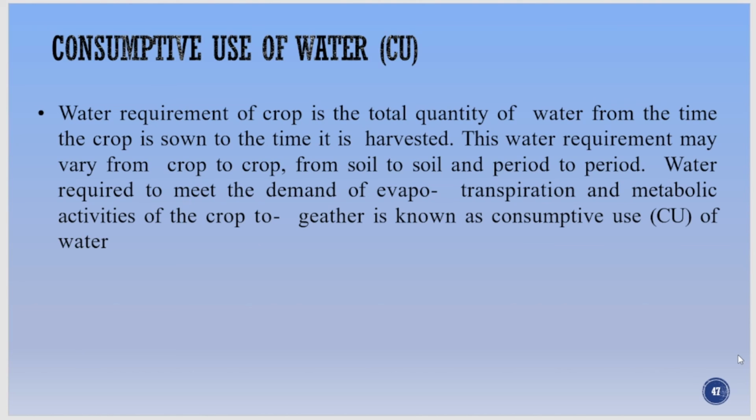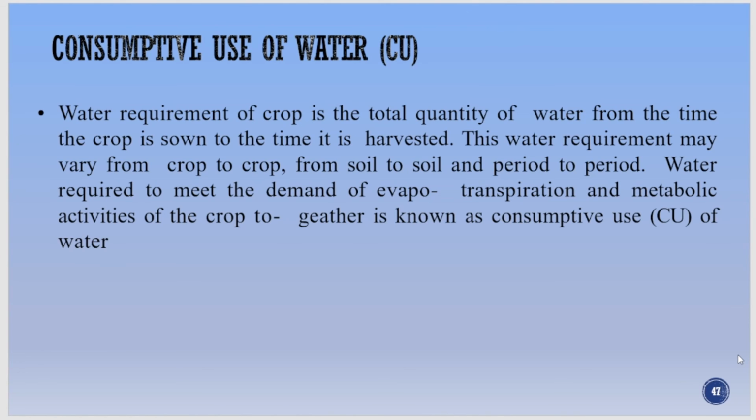Now coming to what is consumptive use. Consumptive use is a term that I guess was already used while explaining evapotranspiration. Here, consumptive use is defined from the perspective of a farmer. If you are an engineer, you would call it evapotranspiration. If you are a farmer, you call it consumptive use.